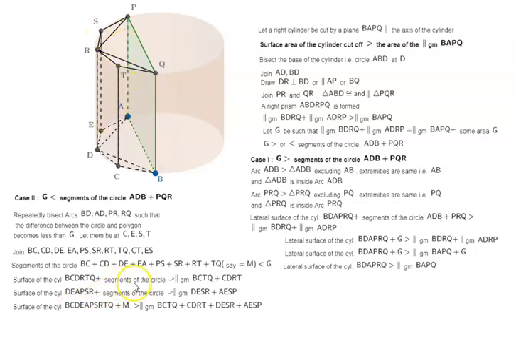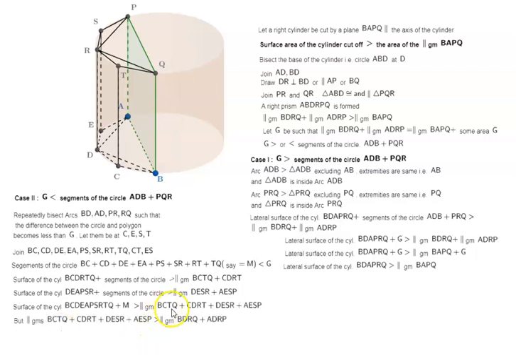Now, the segments of the circle with respect to this and segments of the circle with respect to this, if we add it up, then we get M. And when we add these two up, we get the surface of the cylinder BCDEAPSRTQ. So, surface of the cylinder BCDEAPSRTQ plus M is greater than the parallelogram BCTQ plus CDRT plus DESR plus AESP.